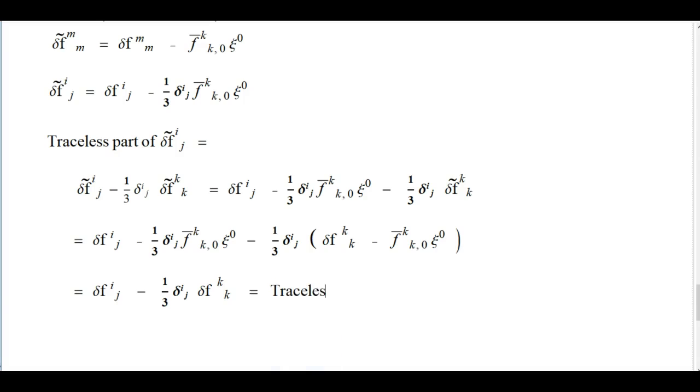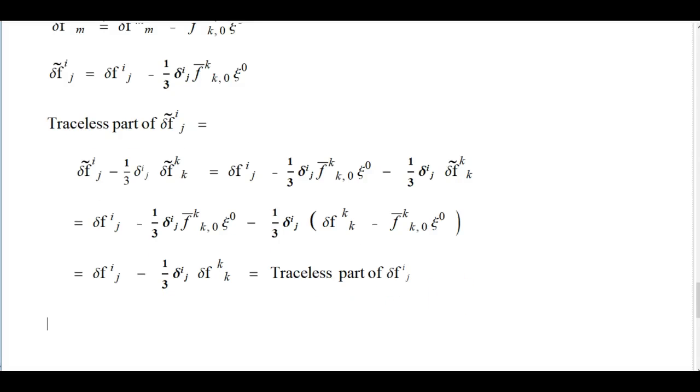So this is the traceless part of delta Fij. Traceless part of delta Fij. Okay, so this is the traceless part of delta Fij, and traceless part of delta Fij in gauge 1 is equal to the traceless part of delta Fij in gauge 2.